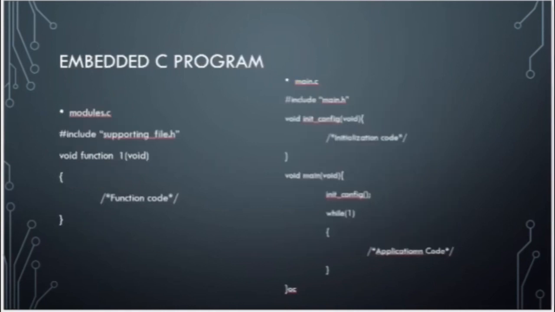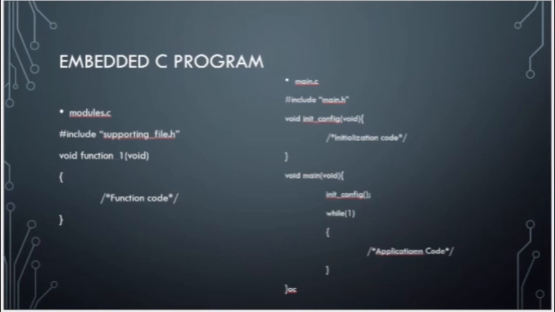Next, here we have a basic embedded C program. First one is modules.c. Here, as we know, an embedded C program is basically written using C programming itself. We use all the components and all the functions from C programming, but it is used for embedded C applications. So we have modules.c, which has #include and the supporting file's header file.